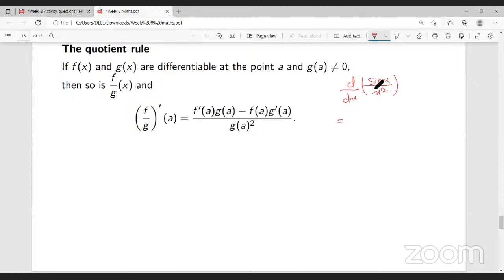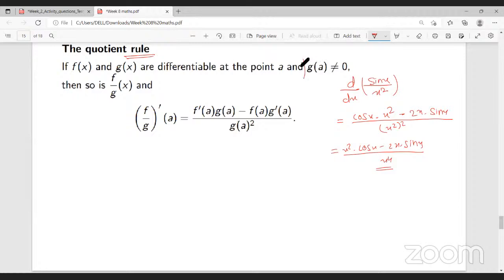I will first differentiate the numerator, sin x: cos x, into the denominator x square, minus sin x into the derivative of the denominator, 2x, divided by x square whole square, that is x to the power 4. Right? So x square cos x minus 2x sin x upon x to the power 4. Any doubt in this quotient rule?